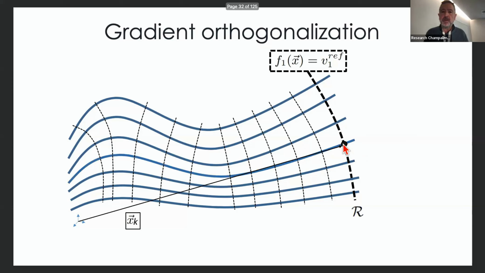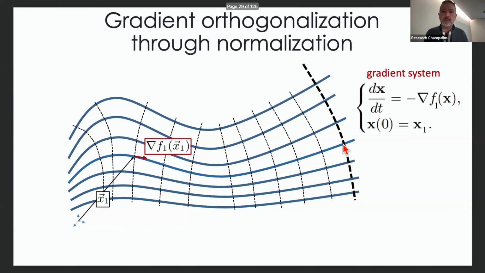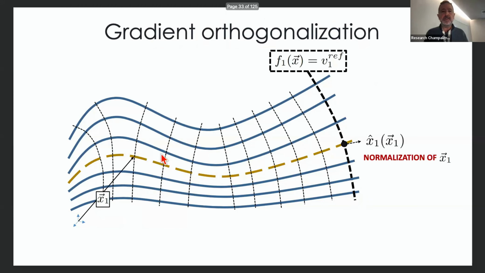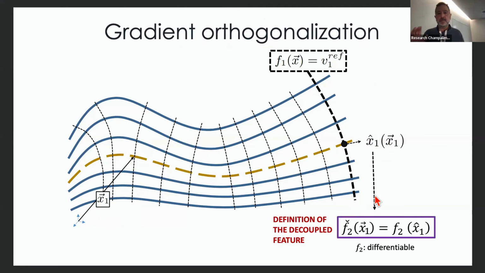So look, all these intermediate vectors are going to the same place. This means that all the vectors in this manifold are going to have this same normalization. Clear so far? Then we define the decoupled feature as a differentiable function of this normalized vector.